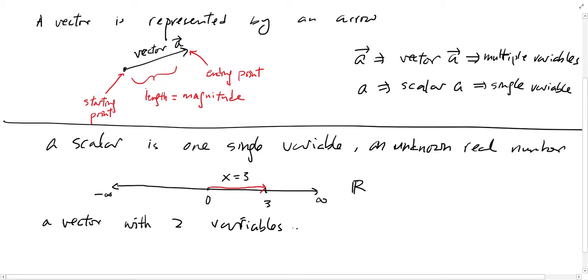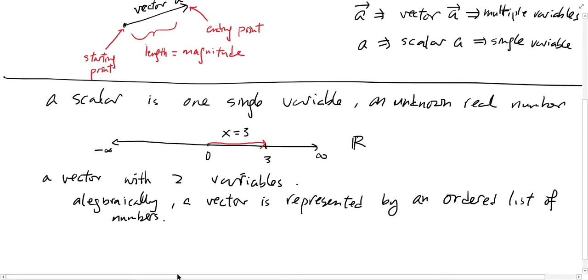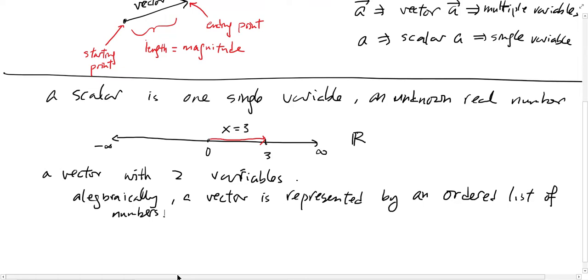In this case, algebraically, a vector is represented by an ordered list of numbers.